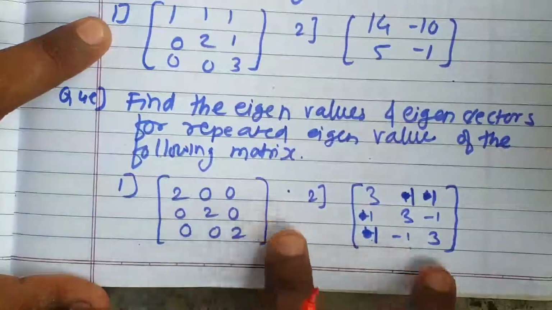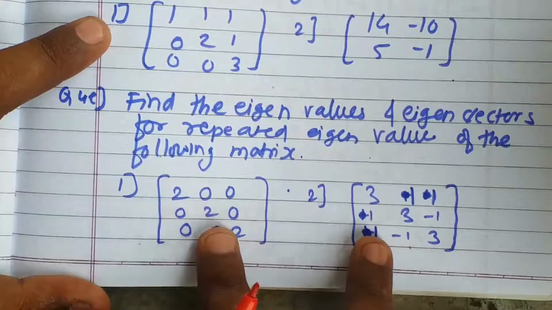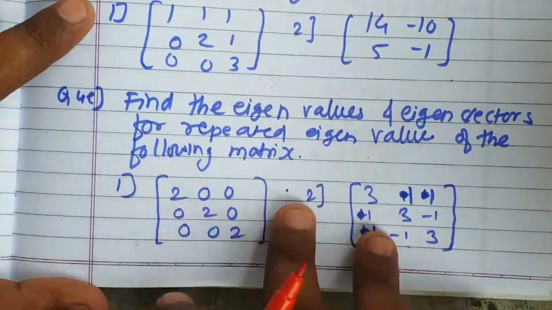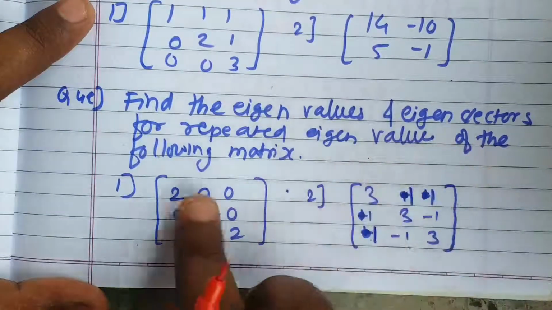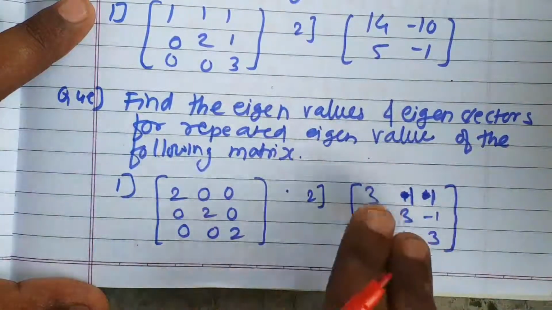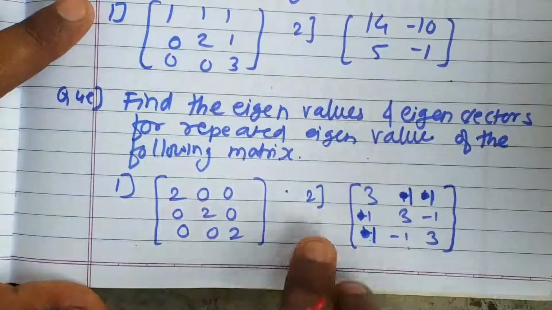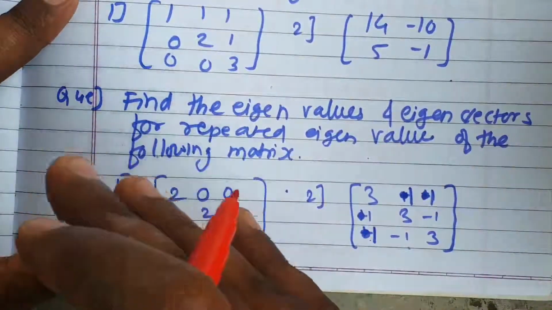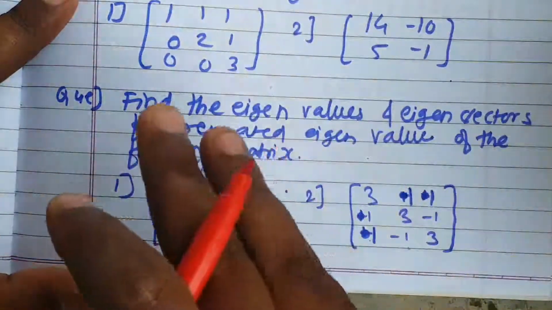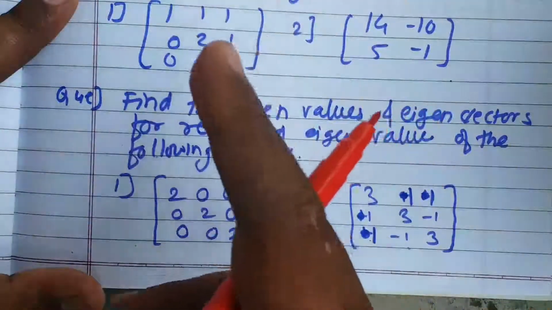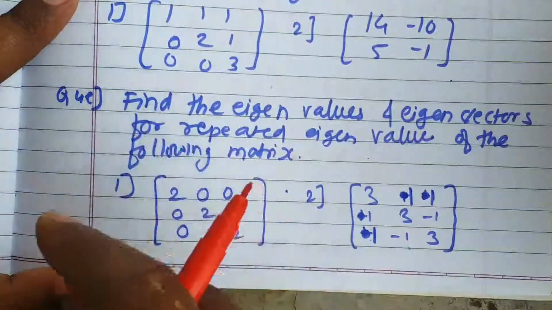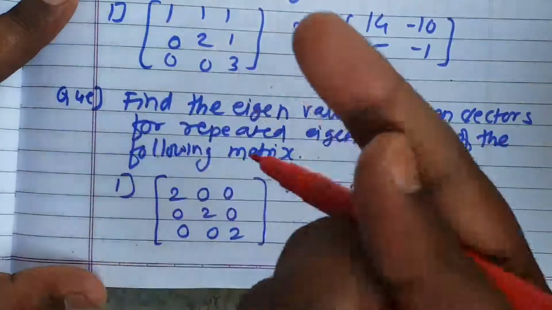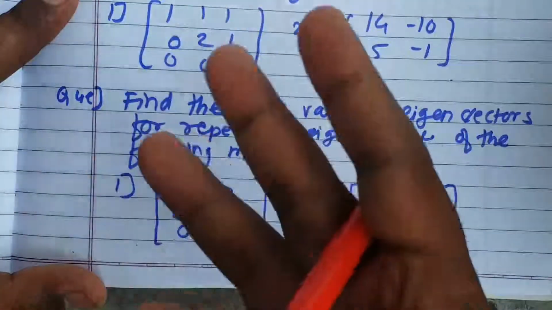In such a matrix, definitely some eigenvalues will get repeated. Corresponding to the repeated eigenvalue we need to calculate the eigenvector. One more thing I want to add: whenever eigenvalues are repeated, suppose an eigenvalue is repeated 3 times, then corresponding to that repeated eigenvalue you may get 1 eigenvector, 2 eigenvectors or 3 eigenvectors.